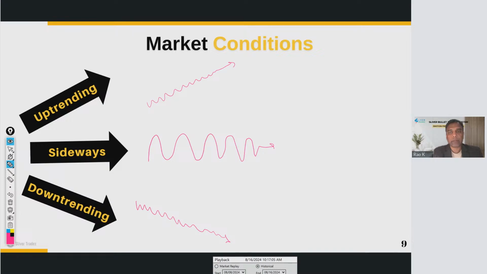The uptrending market could make swings and go up this way. A downtrending market could be like this, going down, making swings. Or a sideways market could be really flat, almost a line like this. So these are the 6 conditions, I would say, using different flavors of swing.